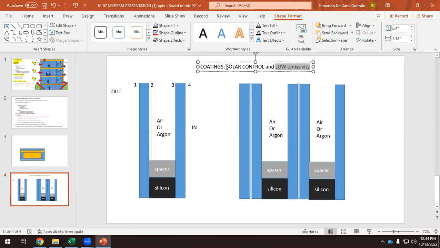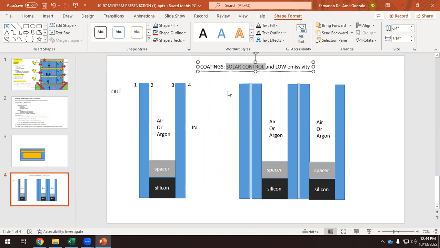And the solar control is like sunglasses. We have to prevent the exterior sun from entering the building. So these are the 2 kinds of coatings. There are more, but basically this is what we need. Depending on where we are, if we are in cold countries, we will use low emissivity coatings.